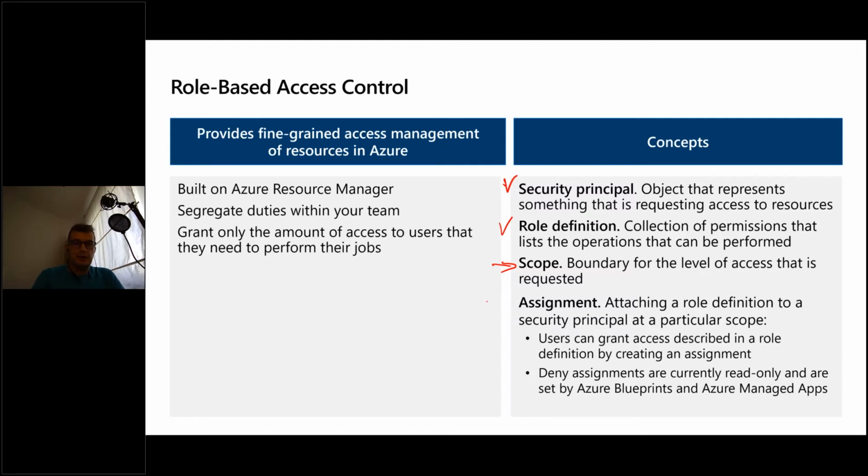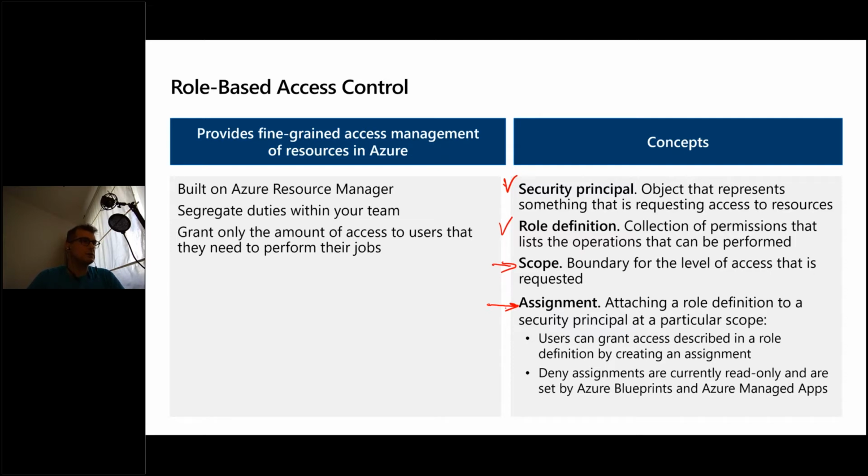Then we have the assignments. An assignment is the process of attaching a role to a security principal at a particular scope. For example, Reader at the subscription level, or Administrator at the resource group level.